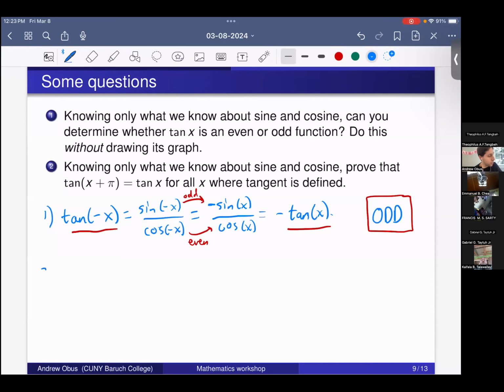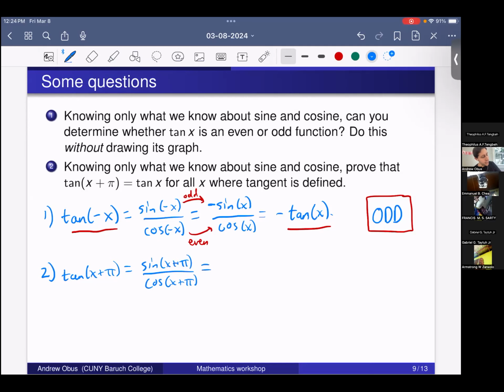Let's look at question number 2. Similar type of question. Let's prove that tangent of x plus pi is equal to tangent of x everywhere where tangent is defined. We're going to use the same method. The general method in trig is to relate everything back to sines and cosines. So tangent of x plus pi is sine of x plus pi divided by cosine of x plus pi.